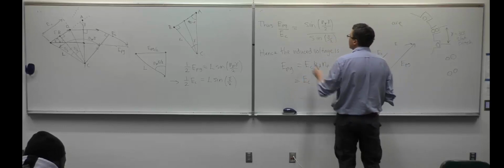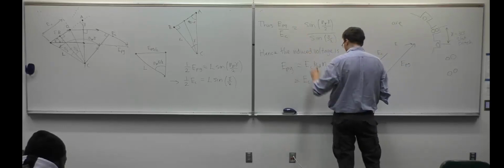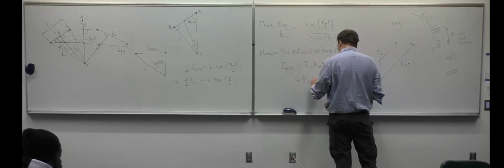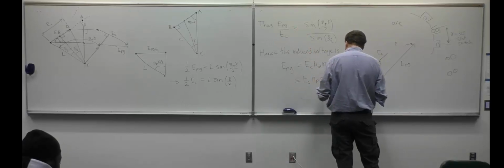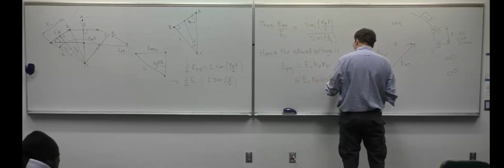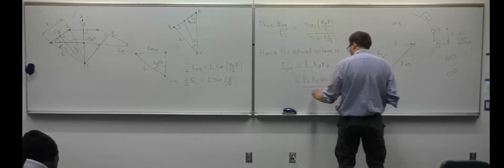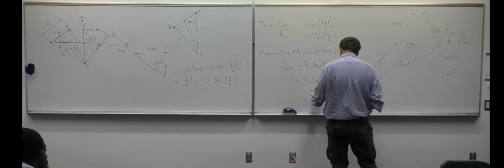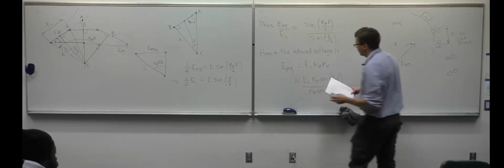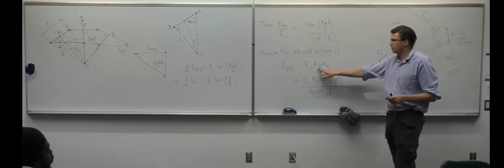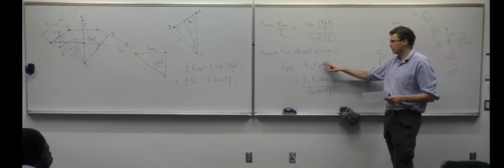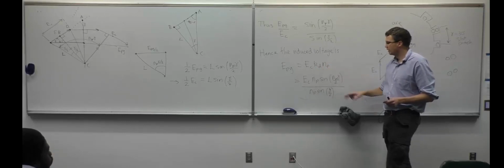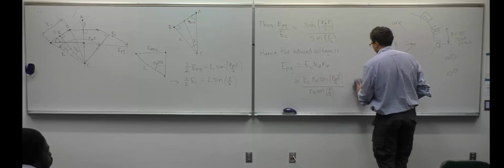So then we'd have EC, and we could multiply the top and bottom by NP. EC NP sine NP alpha over 2 divided by NP sine alpha over 2. In this formula, where they have the distribution factor, the convention is to put NP outside of it.